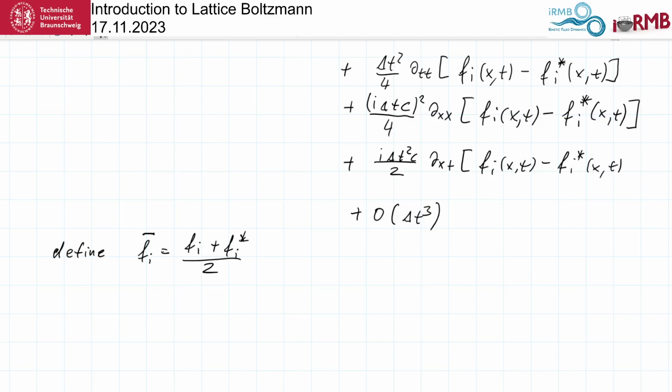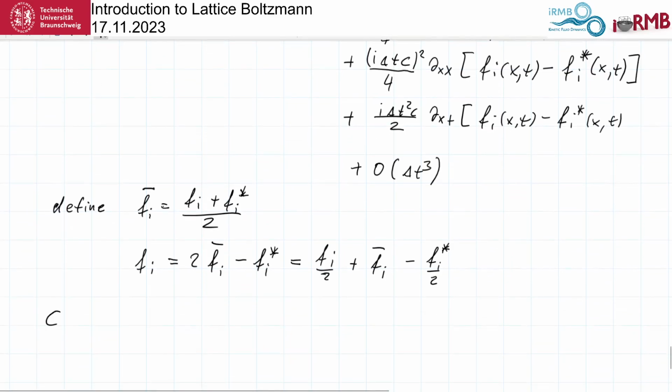Okay? So then fi can also be written, if I just turn this around, as fi bar minus fi star, or this could also be written as fi half plus fi bar minus fi star half. Okay? Looks a little strange. Why am I doing this? I'm doing it in order to get rid of it in the collision operator.